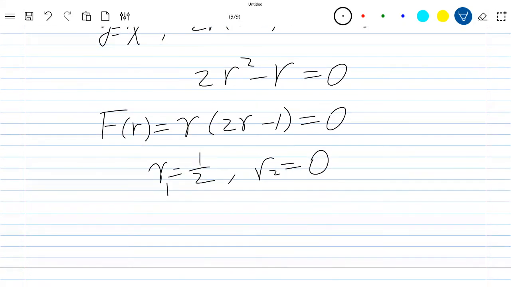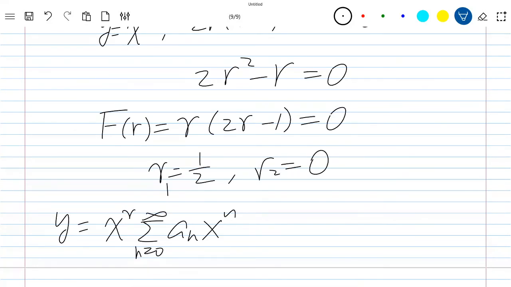Okay, so let me just do it fast. So y can be assumed to be x to the r times a power series, and then r eventually would be 1/2 or 0.